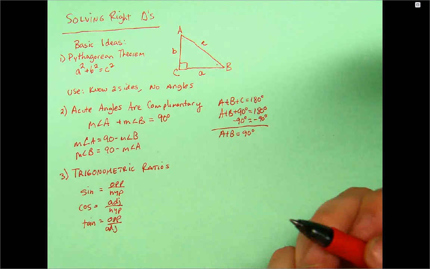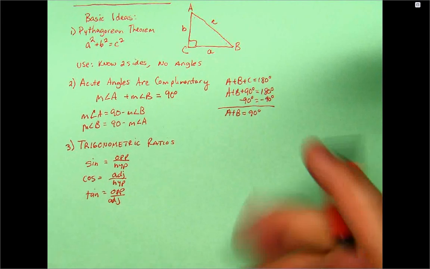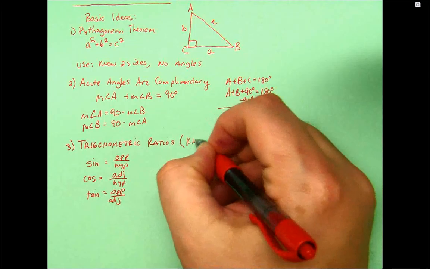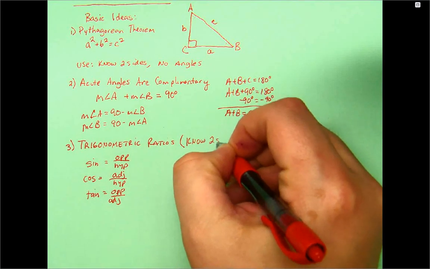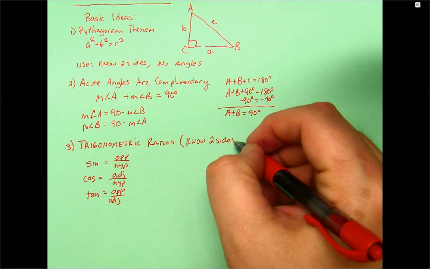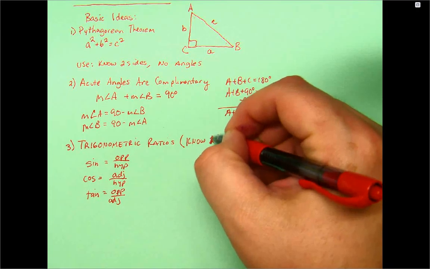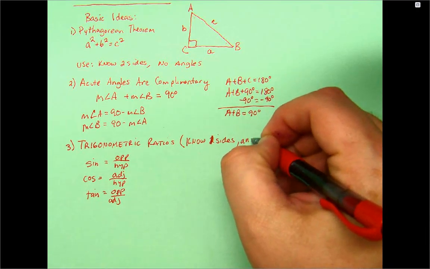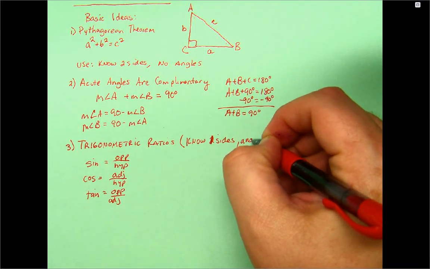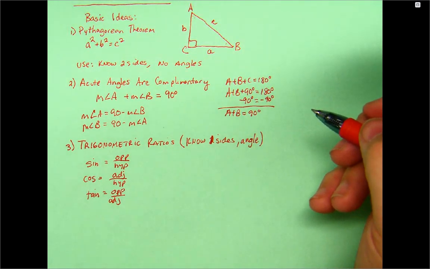So use your trig ratios, and we'll use this when you know one side and an angle, not two sides. If you know two sides, you're going to do something else.